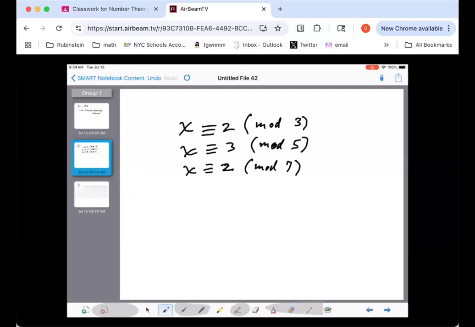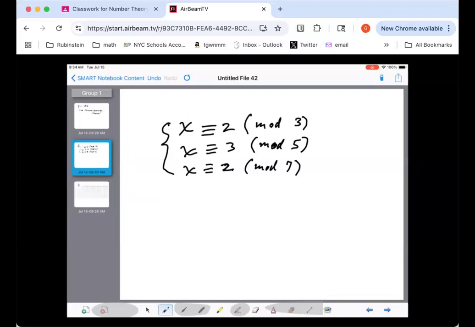But nowadays, we can say that without all the words: find a single number x such that if you divide it by 3, you get remainder 2. Take the same number and divide by 5 and get remainder 3, and divide by 7, you get remainder 2.